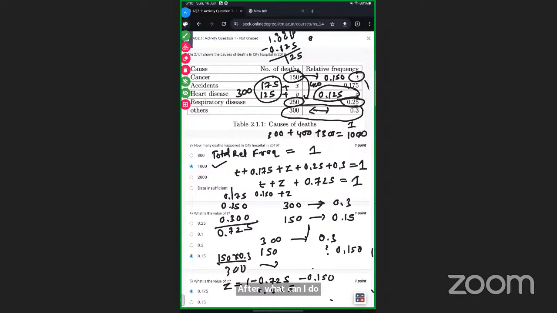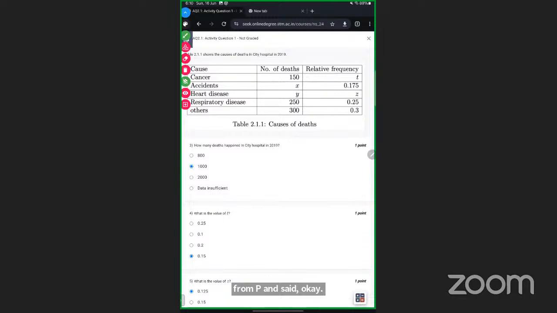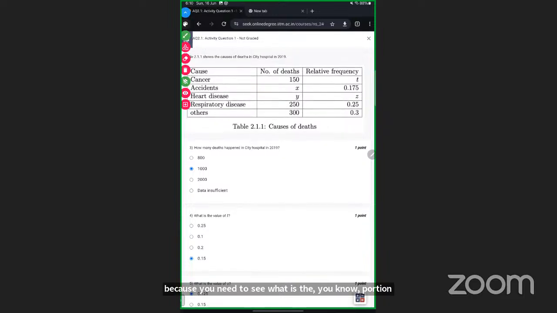Then you should find what T and Z are, right? You can't find Z directly, but you can find T, and T is manageable because you need to see the portion, the ratio, the relative frequency.